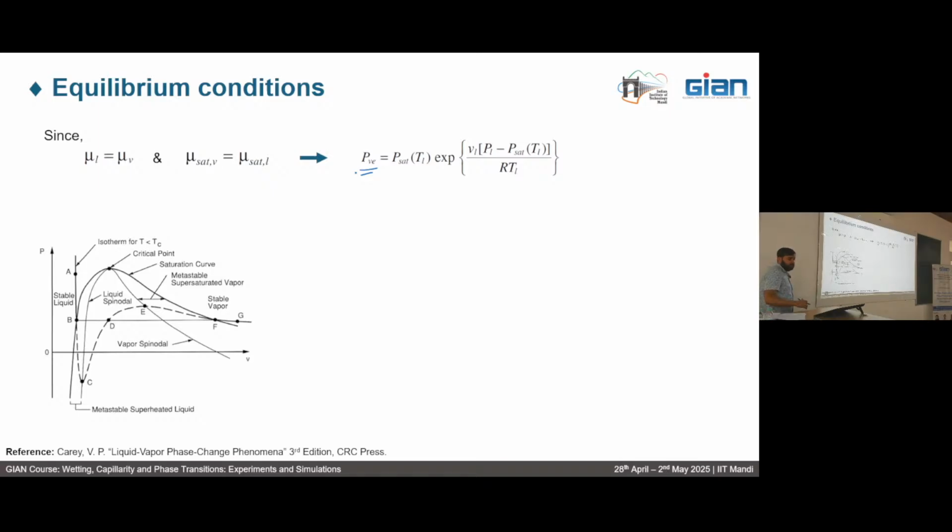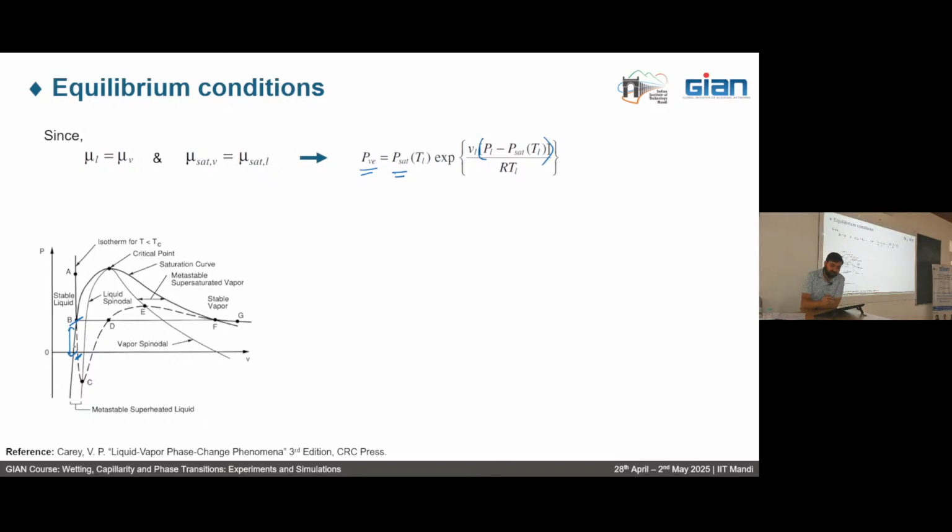Now let me ask you, out of these two terms, which term would be greater according to you? One is the pressure inside a vapor at equilibrium, one is the saturation pressure. To answer that, let us first have a look at this term here. We already know that PL would be less than P saturation, because we are talking about the liquid at a metastable state, and at metastable state the pressure would be less.